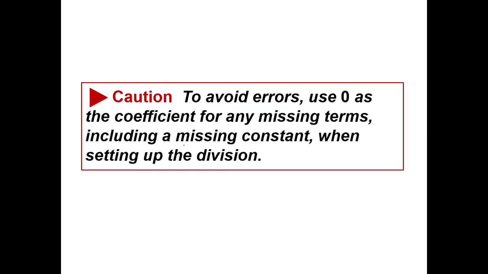A word of caution: to avoid errors, use 0 as the coefficient for any missing terms, including a missing constant term when setting up division. For example, if I have x minus 7 dividing into x to the 5th plus 2x, I need to put placeholders for this because there's a lot of terms with missing powers.